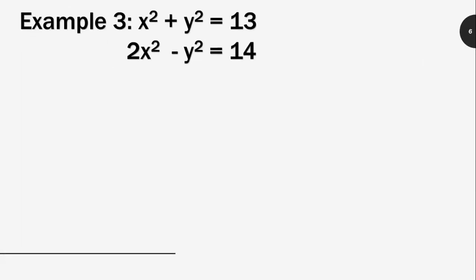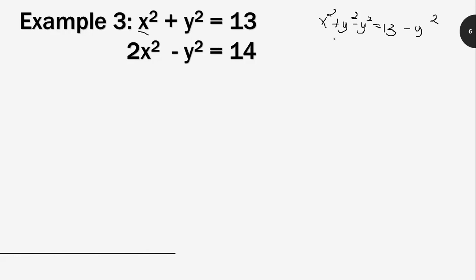Example number 3: x squared plus y squared is equal to 13. And equation number 2: 2x squared minus y squared is equal to 14. Okay? X ang itira po natin. So, x squared plus y squared. The opposite of y squared is negative y squared, so x squared is equal to 13 minus y squared.